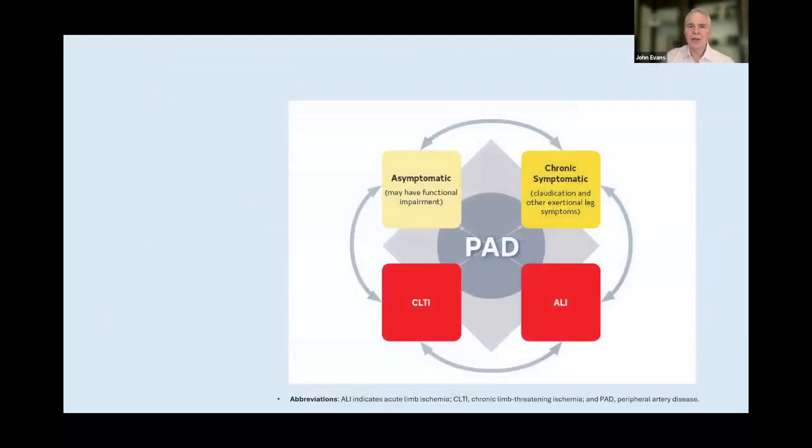One of the nice things about the new guidelines is they defined 4 different subsets of PAD. The asymptomatic, where you may have a functional involvement, but there's really no specific ischemic symptoms. There is the larger stage of chronic symptomatic. Now, this is where you've got some ischemic symptoms. Usually it's claudication, but for us, it would also be wounds that don't heal as they would be expected.